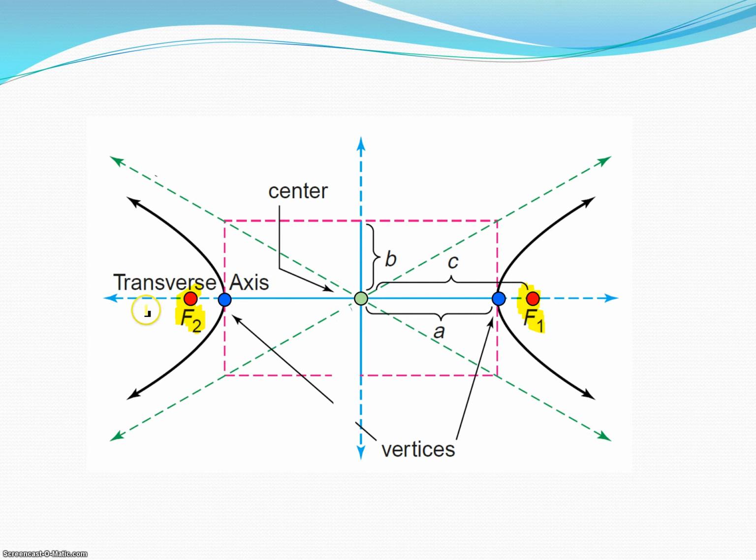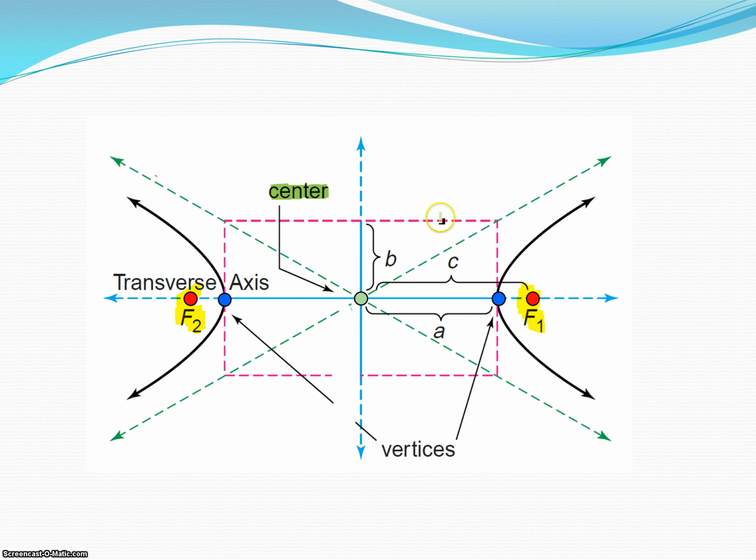And then smack dab in the middle of the transverse axis, right in between the two foci and the two vertices, is the center. So we've got the center of our hyperbola.